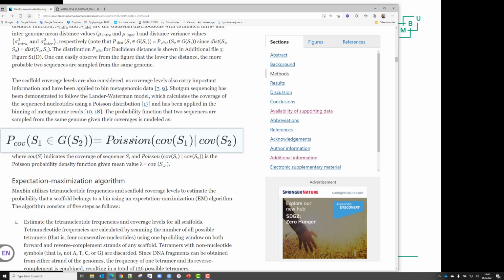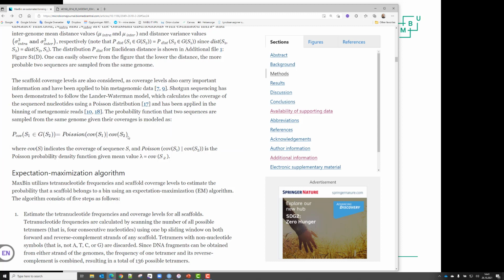And then we say, take the coverage for one of the contigs, the coverage for contig S2, use that as the parameter in the Poisson distribution, and compute then the probability of the other coverage. Notice there is one right parenthesis lacking here. You can see it down here. It's actually correctly written.